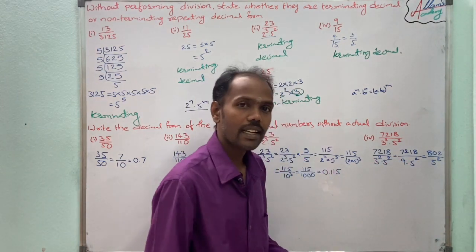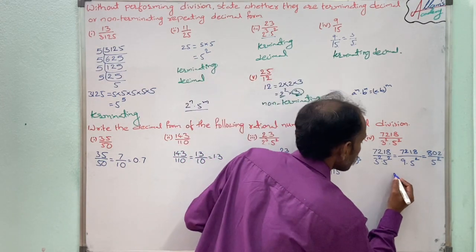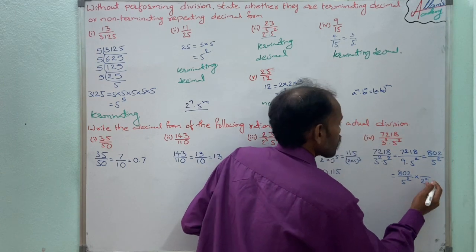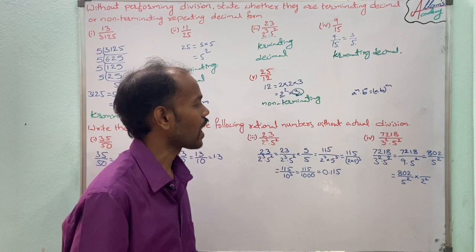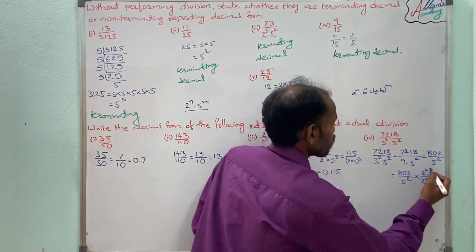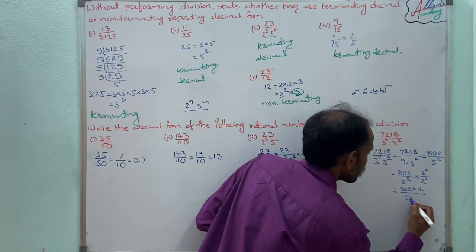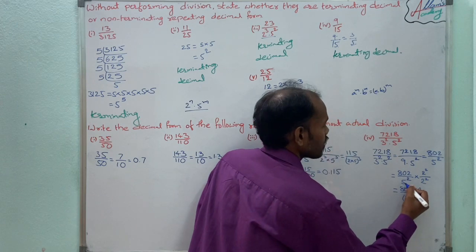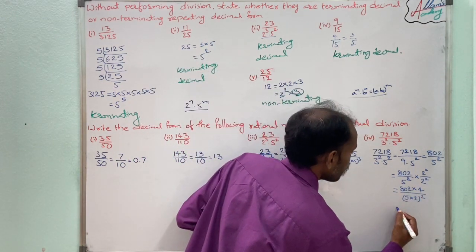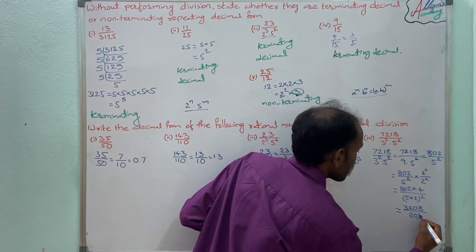To get 10 we need 5 times 2, but here in the denominator 5 appears 2 times, so we have to multiply by 2 two times. We multiply the denominator by 2 square, and to keep the value unchanged we multiply the numerator also by 2 square. 2 square is 4. So 802 into 4 by 5 into 2 whole power 2, because a power m into b power m equals ab whole power m by the exponent law. 802 into 4 is 3208, by 5 twos are 10, 10 square means 100.